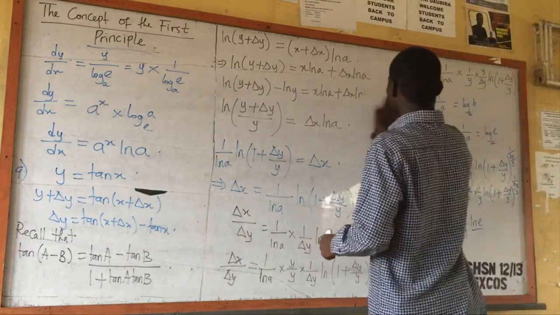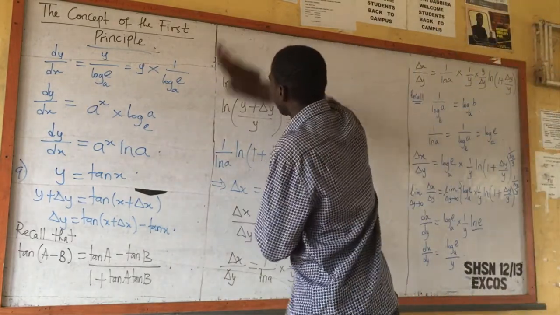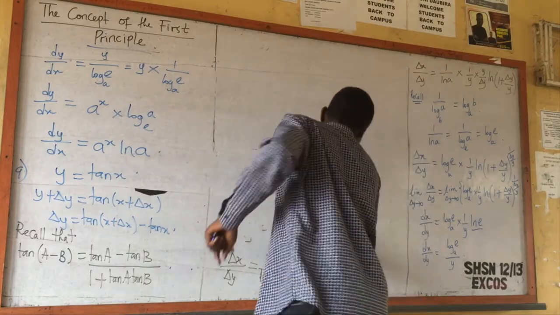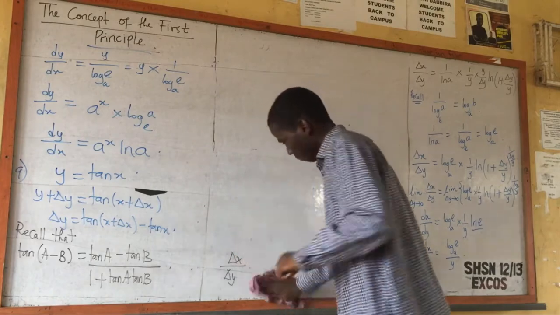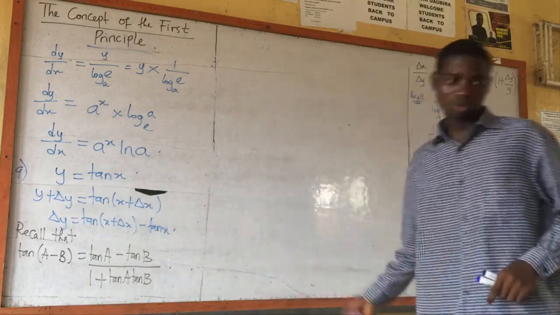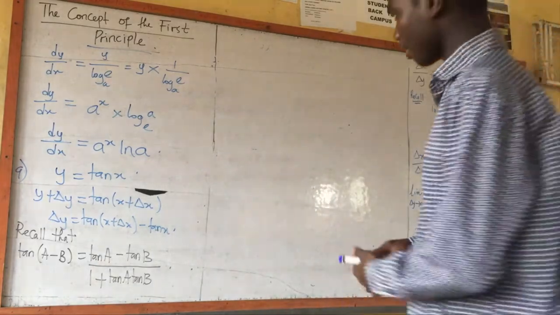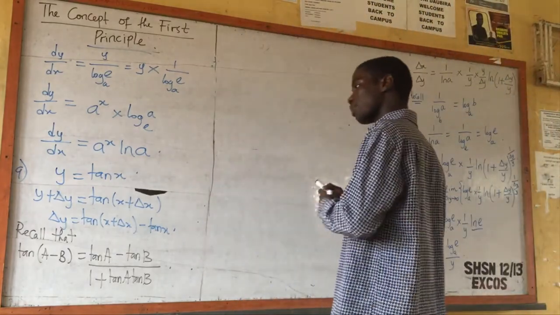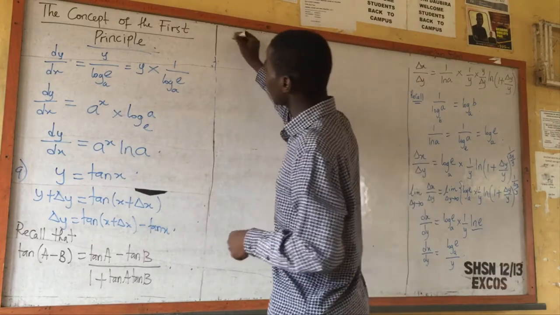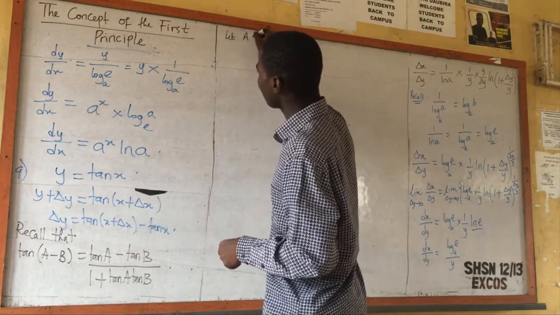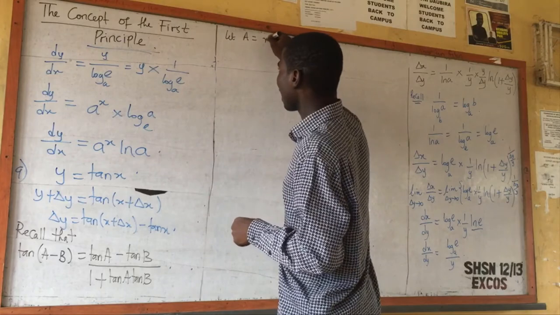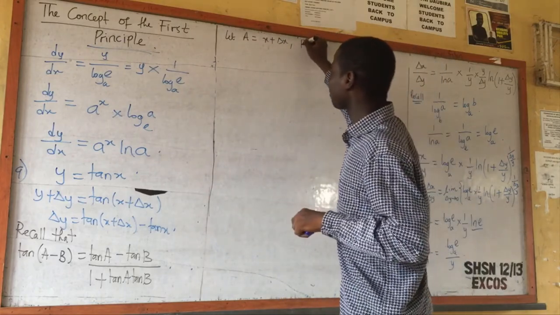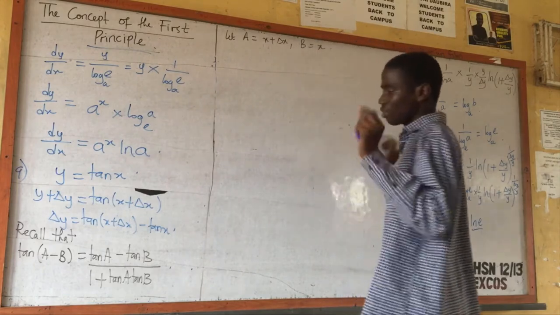So what will now happen from there? What will happen from there is, let A be equal to s plus delta s and B to be s only.